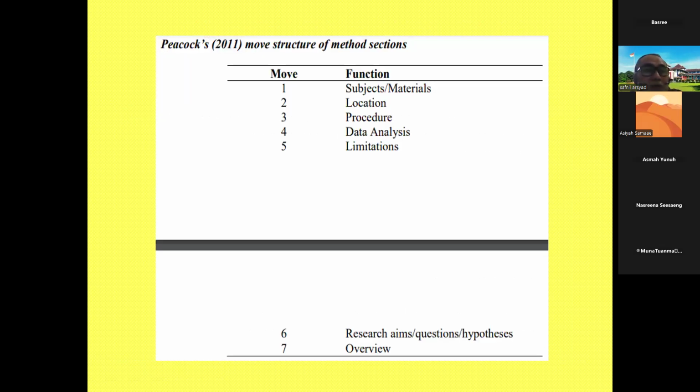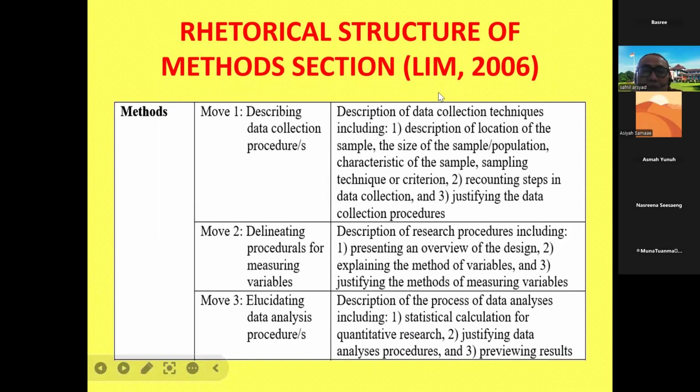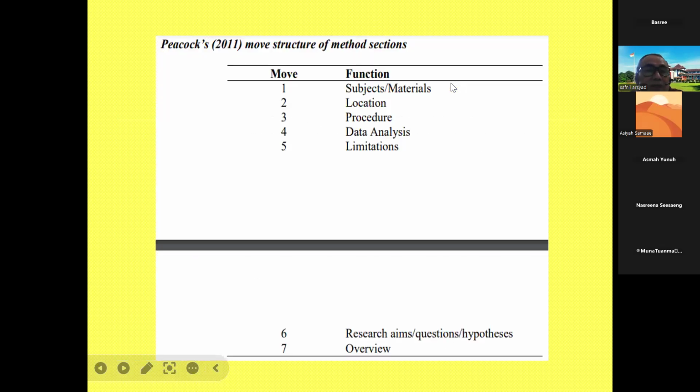Okay, another model is by Peacock, 2011. So much later than Lim. Lim is 2006. So this is 2011. Instead of three moves, Peacock suggests seven moves. Number one, subjects or materials. That's move one, but no step. Number two, location.